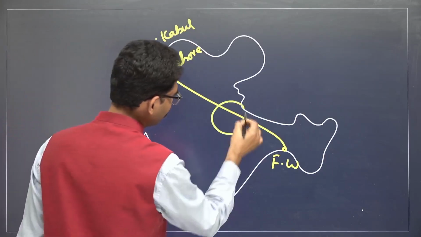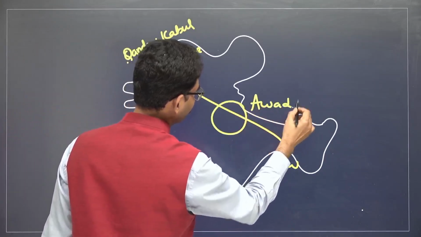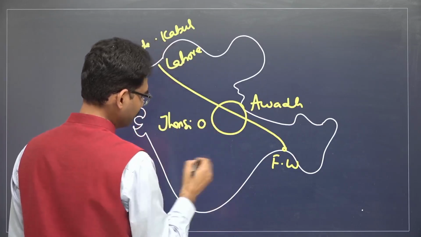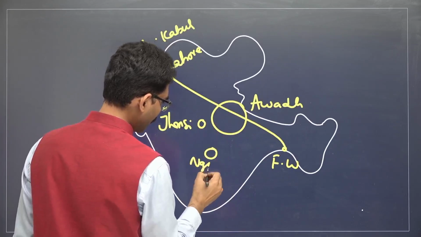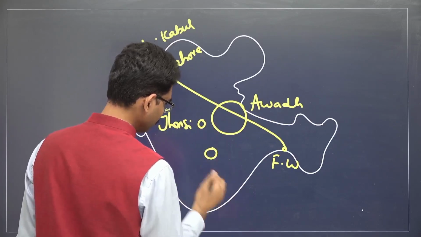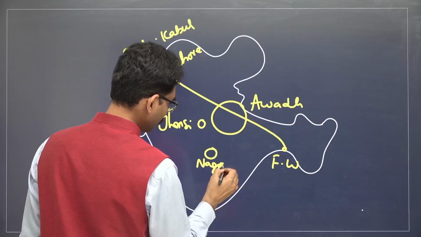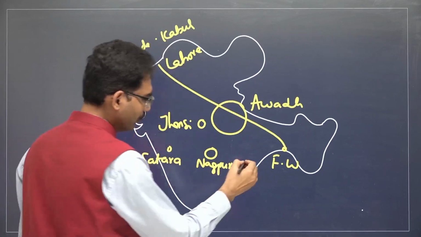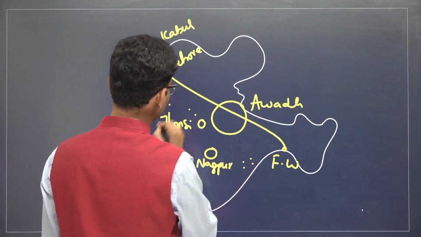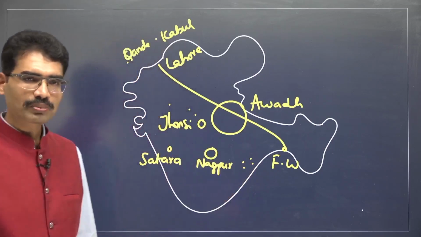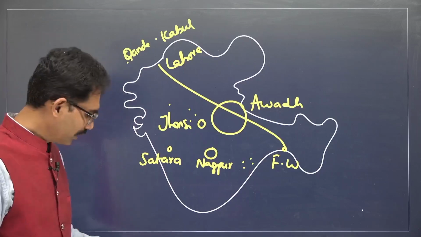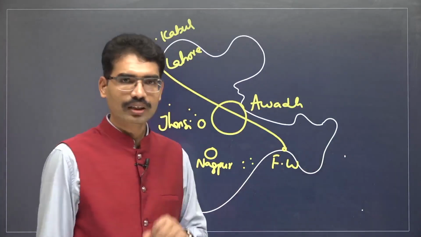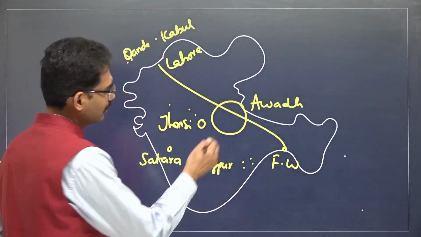In between, Awadh, and small territories like Jhansi, Nagpur, Satara. In Odisha also some small kingdoms were there. For namesake, they were maintaining their territory, their kingdoms, their autonomy.